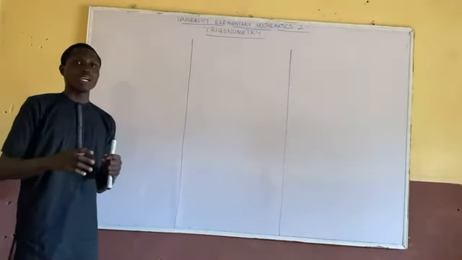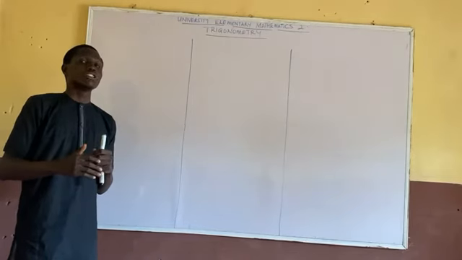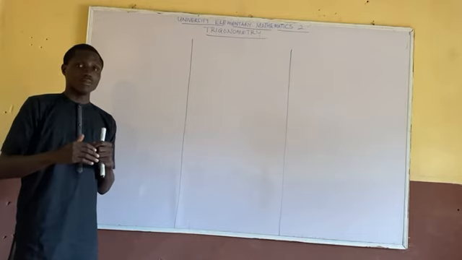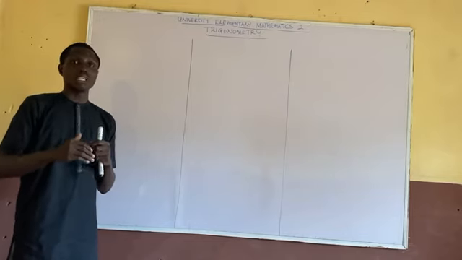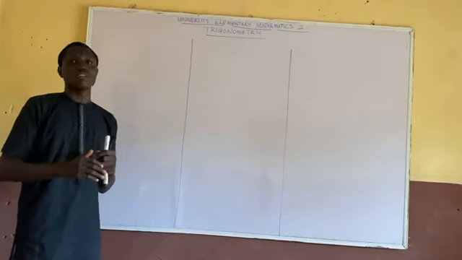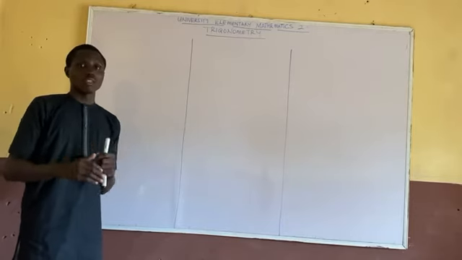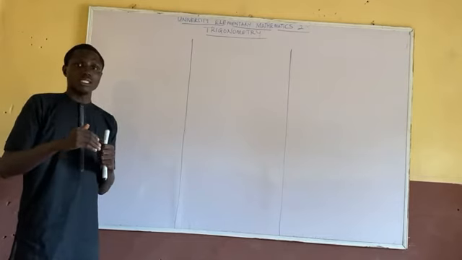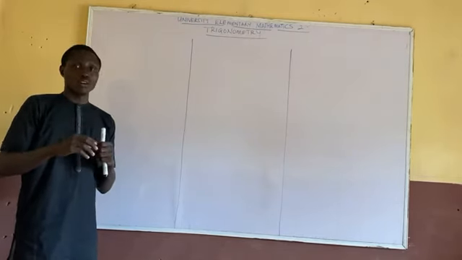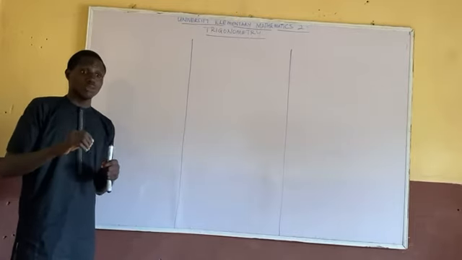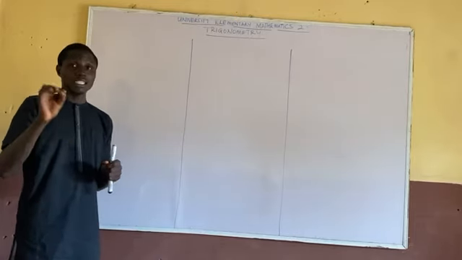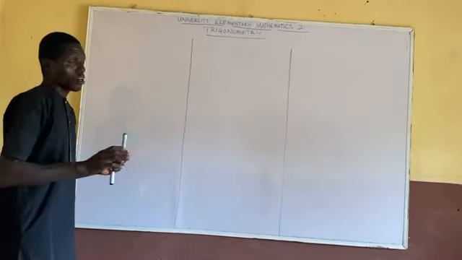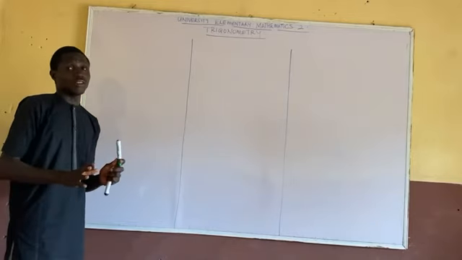So in other words, trigonometry is a branch of mathematics concerned with the solution of triangles, getting the sides and the angles of the triangle, because a triangle is a three-sided polygon that has three angles and three sides.